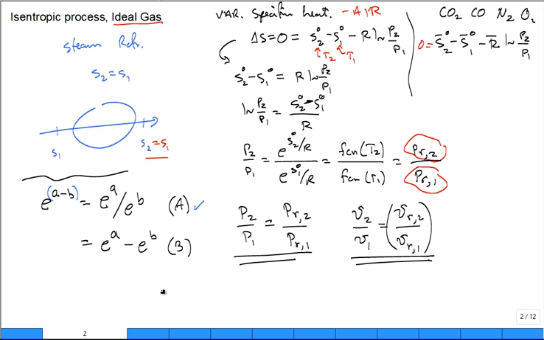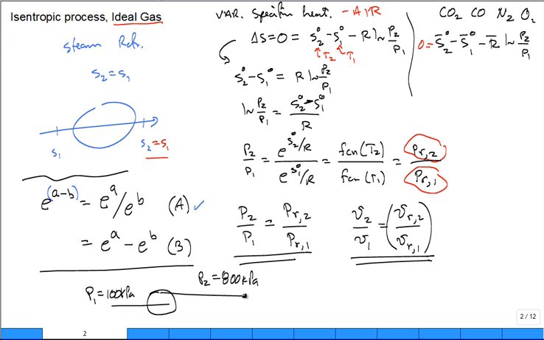How does that work? Let's say I come into a compressor and the compressor takes in 100 kPa and it throws out, I don't know, 800 kPa. That's a bad looking 8, isn't it? 800 kPa air. And it says that that compressor is isentropic.